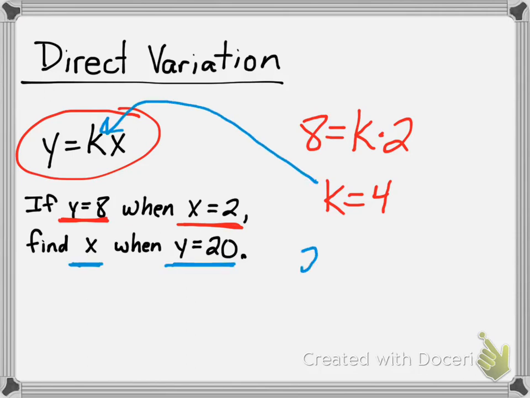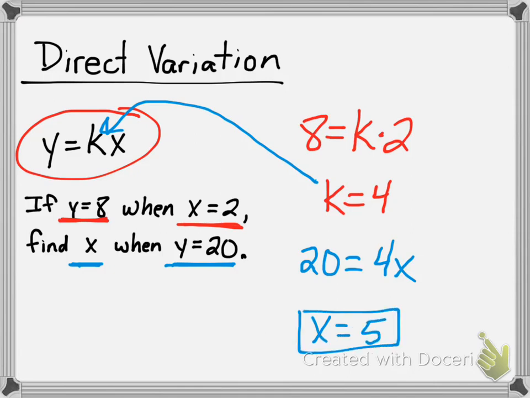I just plug it into the equation. This time I have 20 equals 4x. So now I can solve that equation and I find that x equals 5. Right?